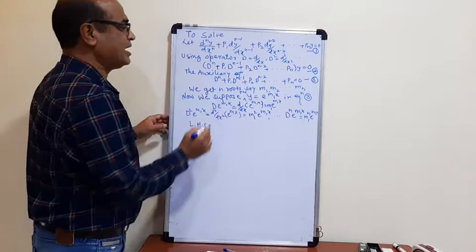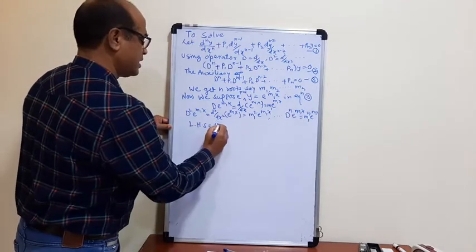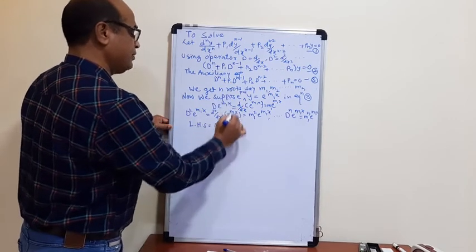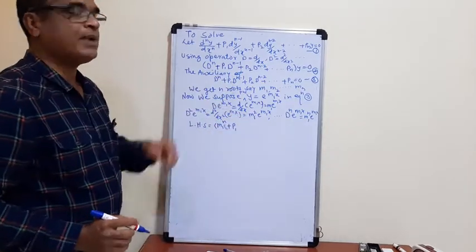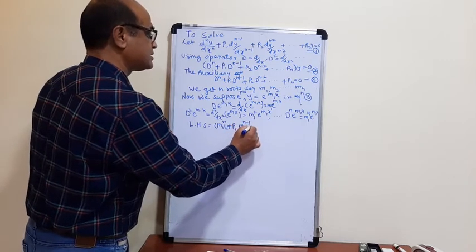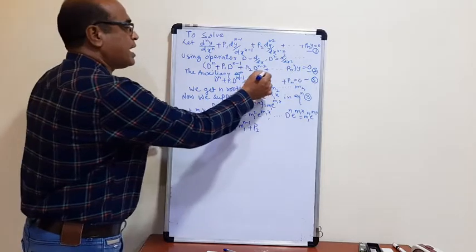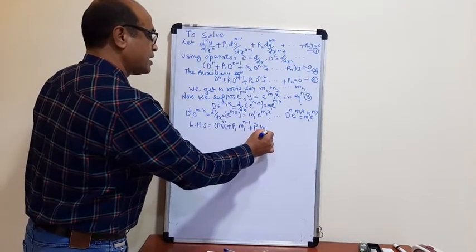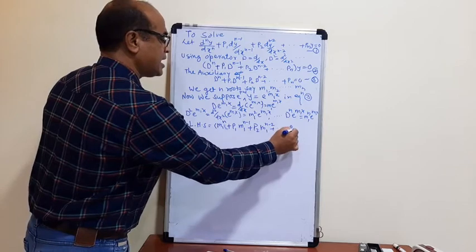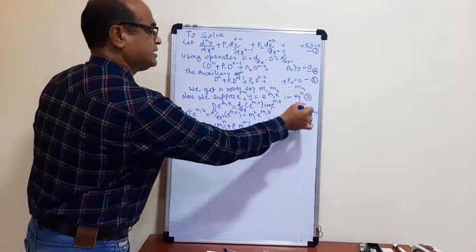So what is the Dn? D raised to n gives m1 raised to n, plus p1 times D raised to n minus 1 gives m1 raised to n minus 1, plus p2 times D raised to n minus 2 gives m1 raised to n minus 2, and so on, up to Pn, all multiplied by e raised to m1x.